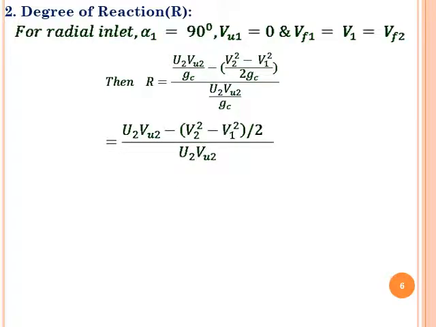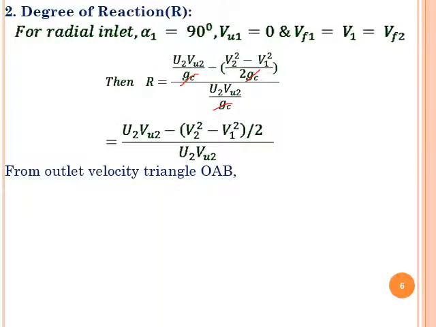Now R is equal to U2 Vu2 minus (V2 square minus V1 square) by 2, over U2 Vu2, where the Gc terms get cancelled.